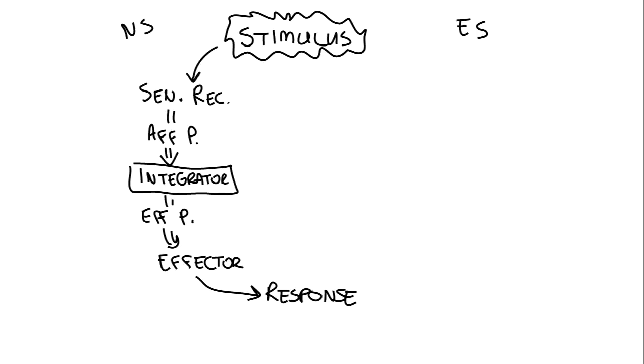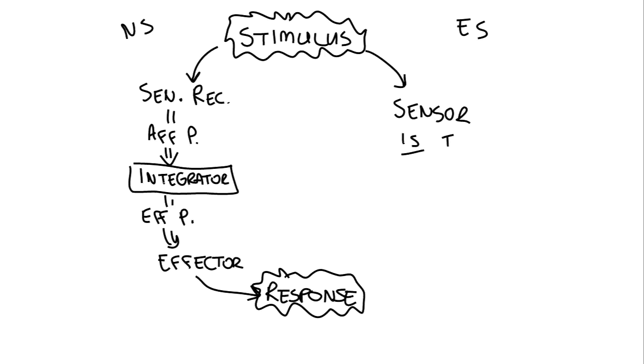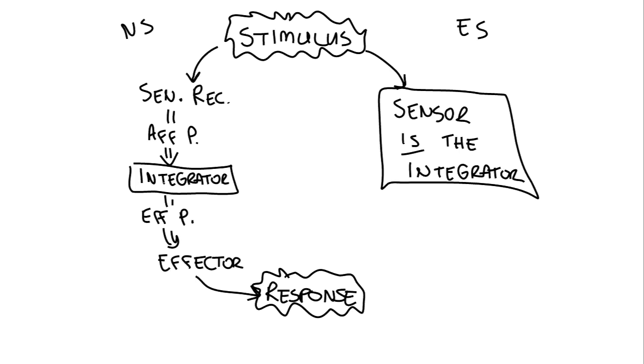So now let's look at it from the endocrine side. So our stimulus is received, of course, by a sensor. But here our sensor is the integrator. So it is the integrator. So it's held all in one. Okay, so the endocrine gland or cell is both the sensor and the integrator.